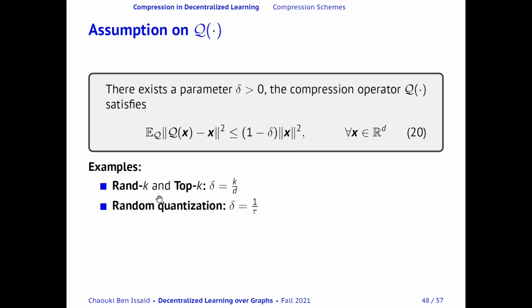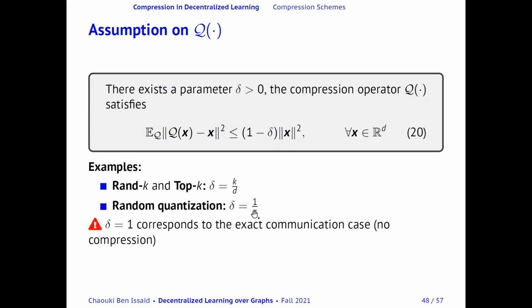For rand-k and top-k, delta is equal to the ratio between k and d. And for random quantization, delta corresponds to the inverse of tau. It is worth mentioning that the case delta equal to 1 corresponds to the exact communication case, in other words, the absence of compression.